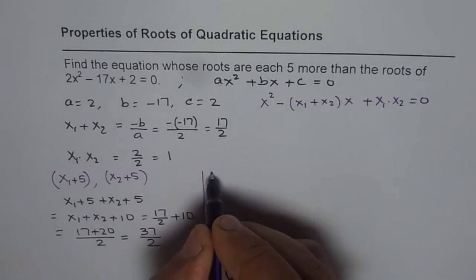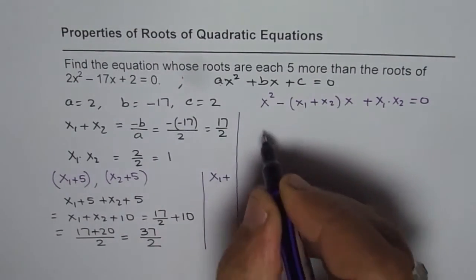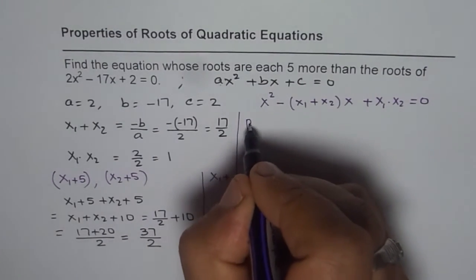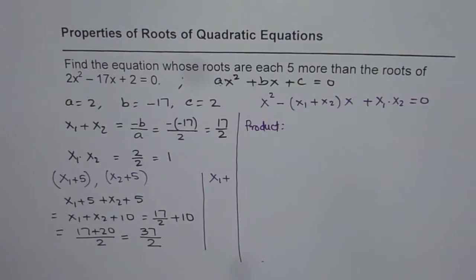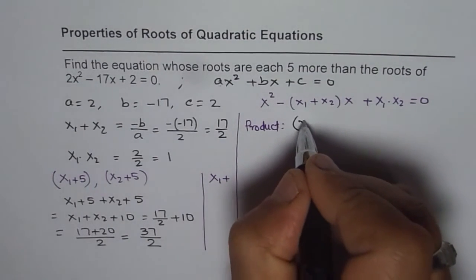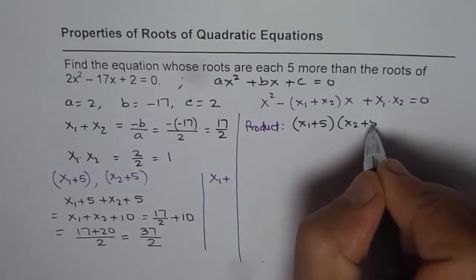So the product will be x1 plus 5 times x2 plus 5, right?